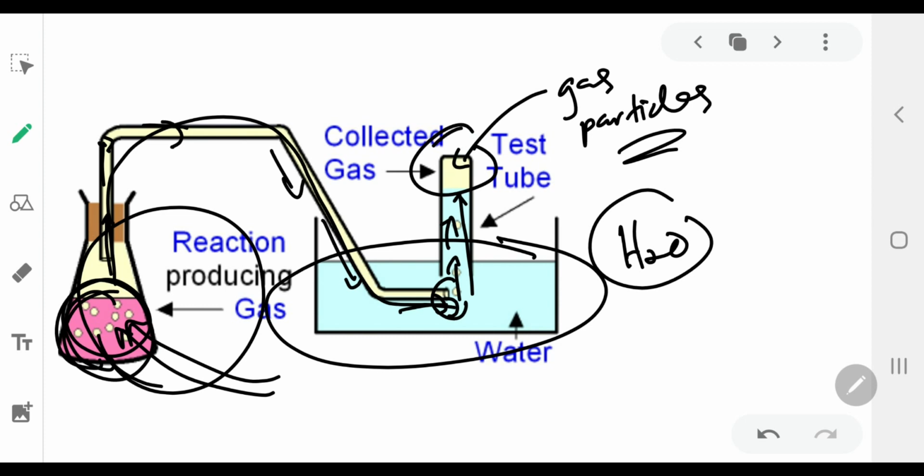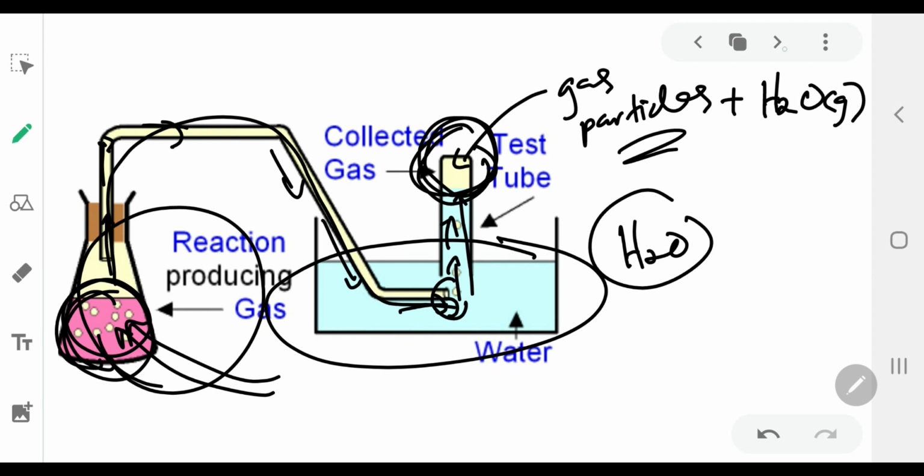Therefore, inside here, what you get is the gas particles together with the H2O gas molecules. So that is the typical concept you need to know before you can do the calculation for the water displacement method.